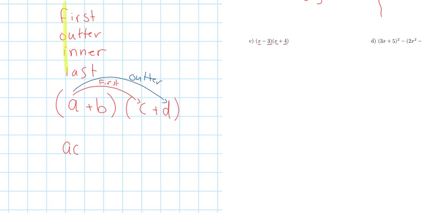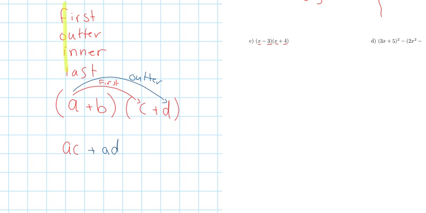AD. So basically what I did here is I took my first and multiplied it by both terms in my second binomial.